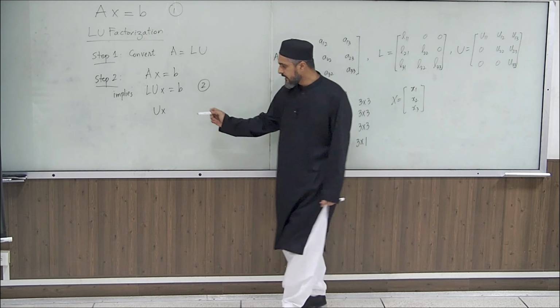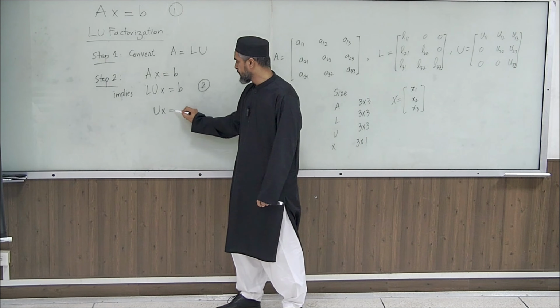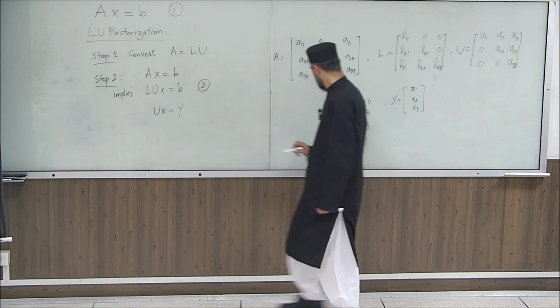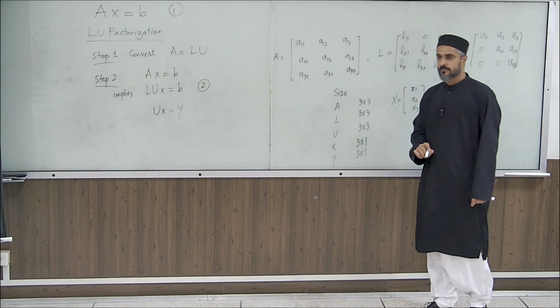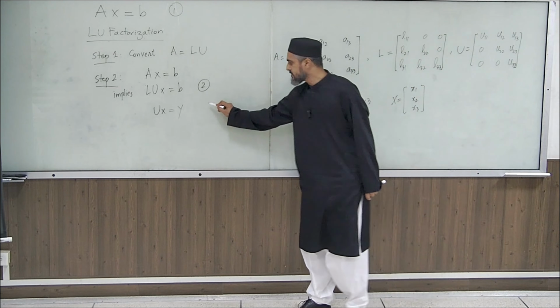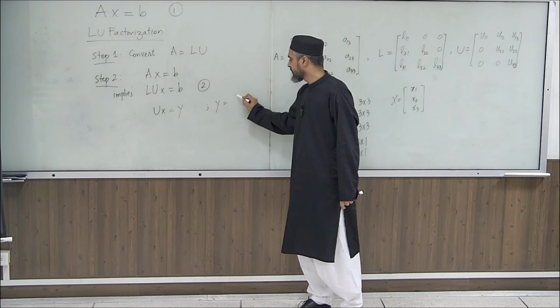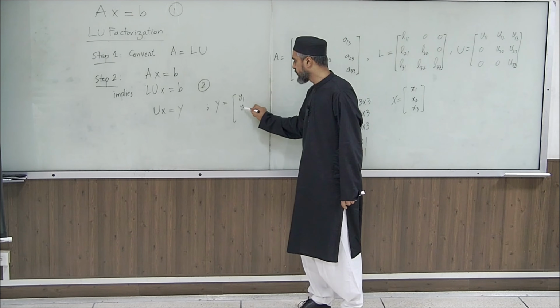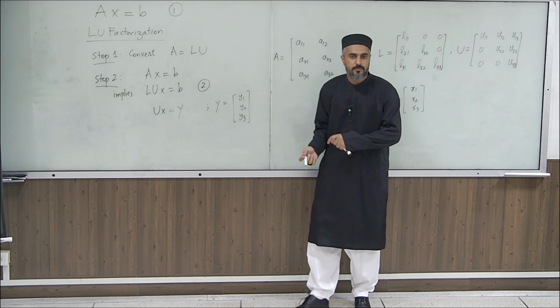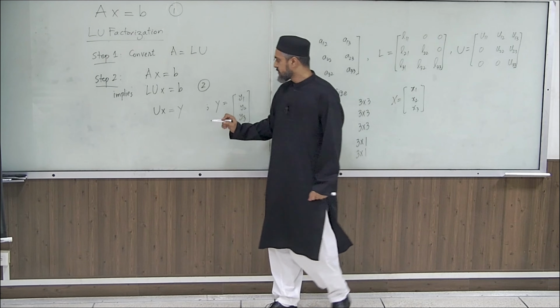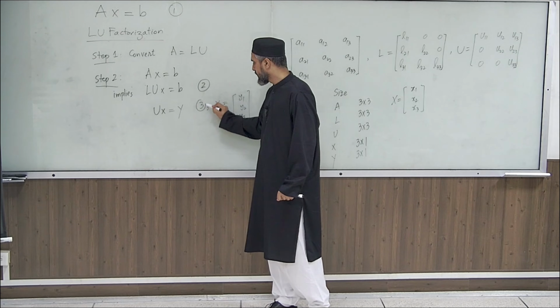So it means Ux is going to be some y, and the size of y is the same as the size of x. Let me just name it y1, y2, y3. It will be some 3 cross 1 matrix, so let it be any numbers y1, y2, and y3. So this is my equation number 3.